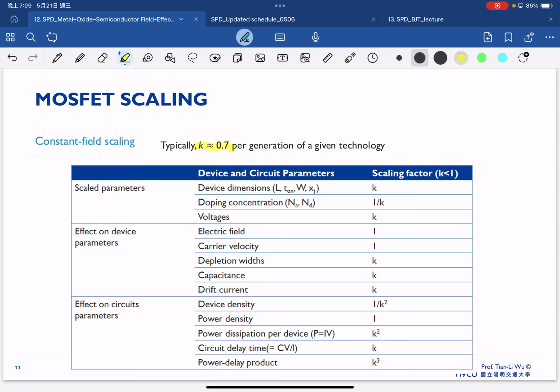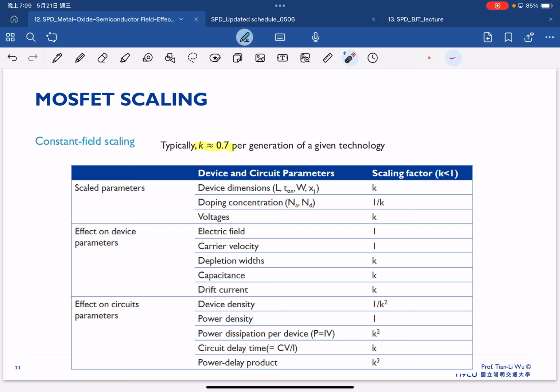So when we followed constant field scaling in the early time, we kept the K factor as 0.7, and scaled the device circuit parameters, for example, dimension, concentration, voltage, and so on. So that's the scaling rule in the early time.